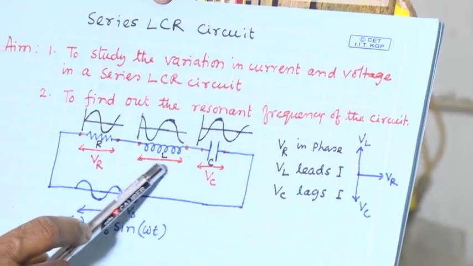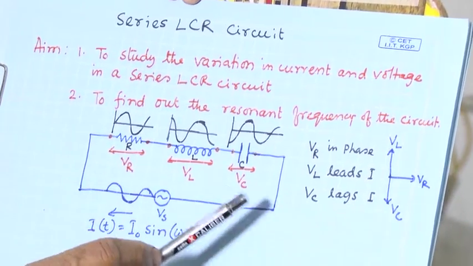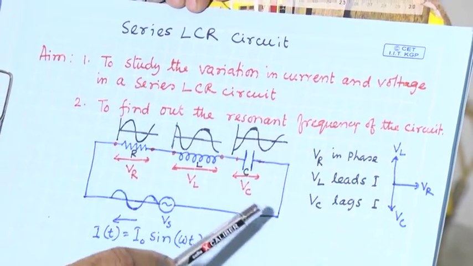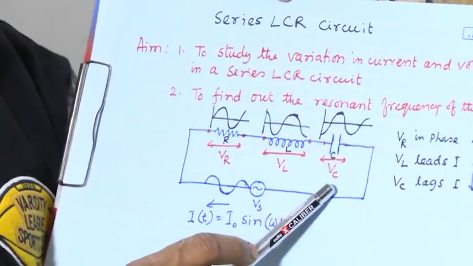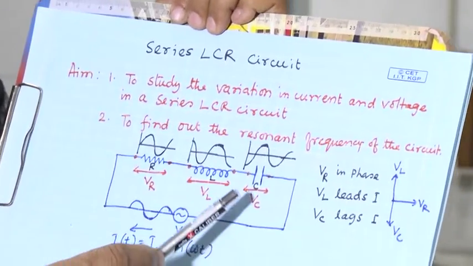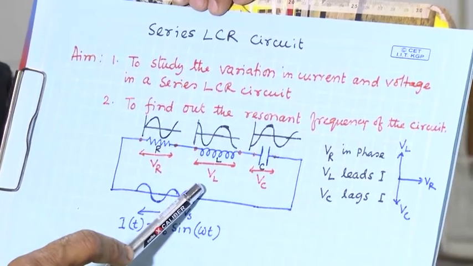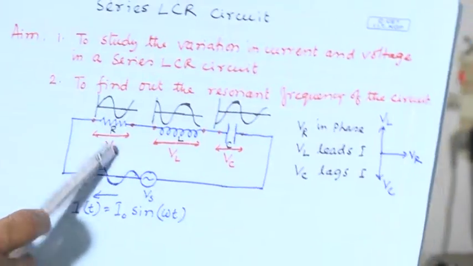Similarly, XC equals 1 by omega C, with omega again 2 pi f, so 1 by 2 pi fC. We call XC the capacitive reactance, XL the inductive reactance, and this one is the resistive resistance.